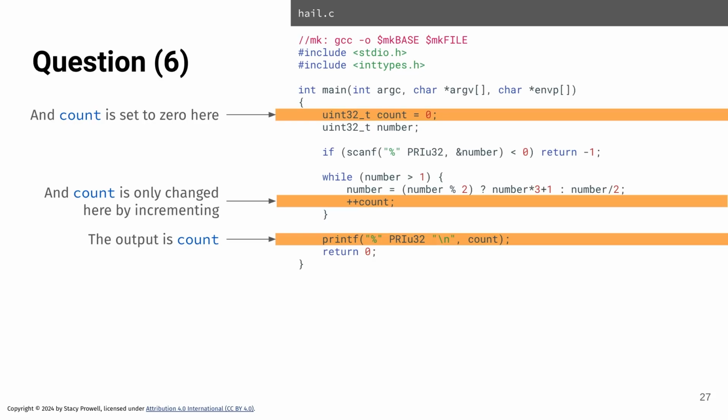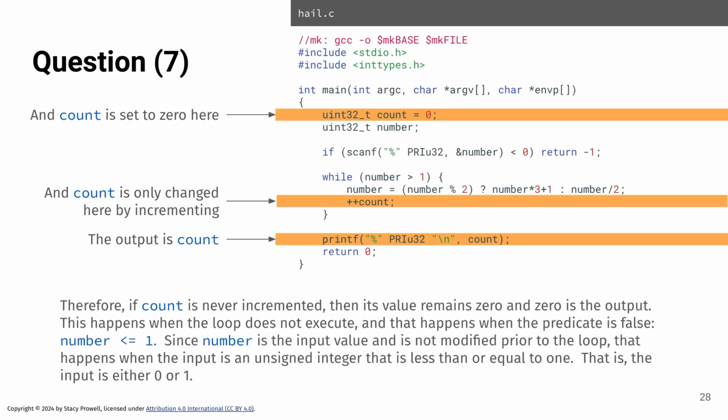So what can we say about when it's 0? Well, if that loop never runs, then count is never incremented, and count stays 0. So the loop only runs when number is greater than 1. So if number is less than or equal to 1, that loop won't run, and count will be 0.